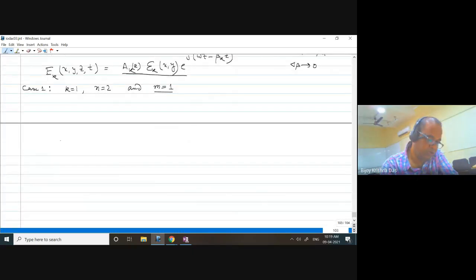We can write, say, dA1z by dz, k equal to 1, minus j beta k. Beta k means I am writing beta 1 and beta 1 mode, right? And then what will I be writing? C1,2, and m equal to 1, right?